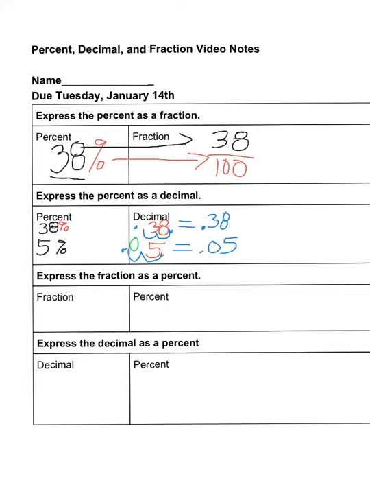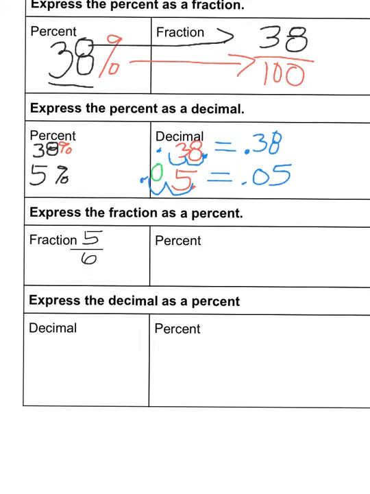Now let's try a fraction to a percent. Let's say I'm starting with the fraction 5/6, and I want to change that to a percent. I'm going to do two things this time. The first thing I'm going to do is convert my fraction to a decimal.